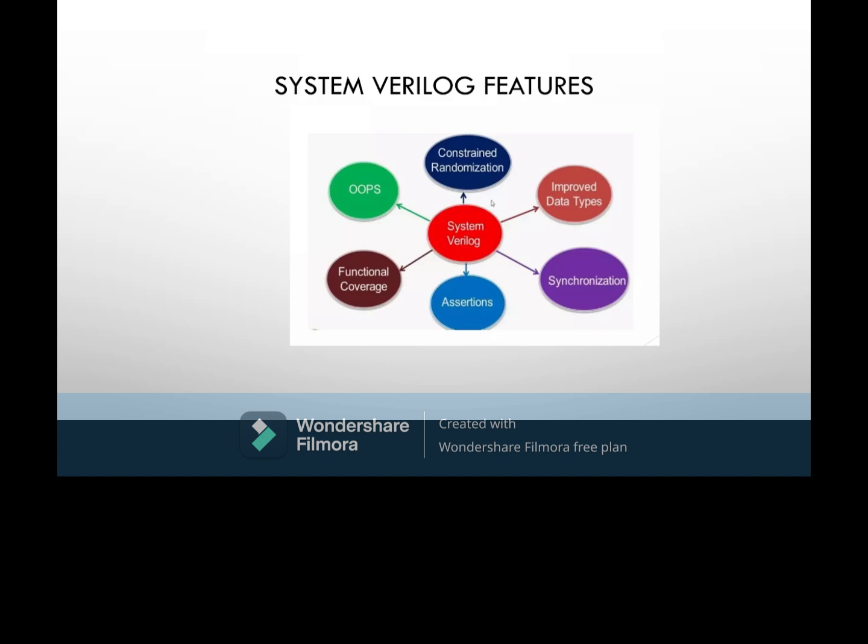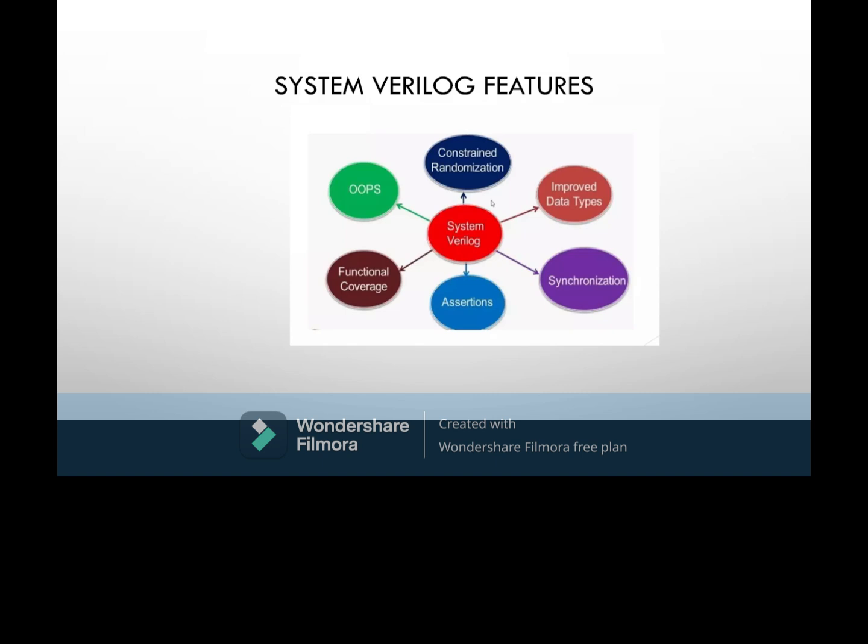In Verilog, since it has only four regions for executing everything we write, this synchronization sometimes mismatches, which leads to errors in execution. This synchronization is very much improved in SystemVerilog.